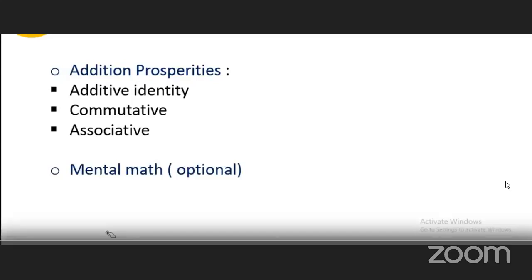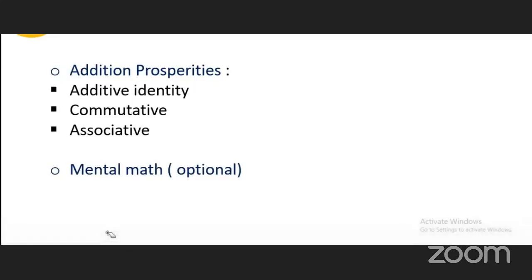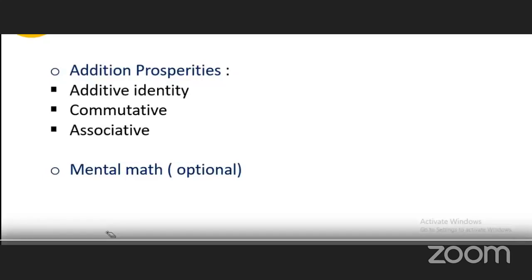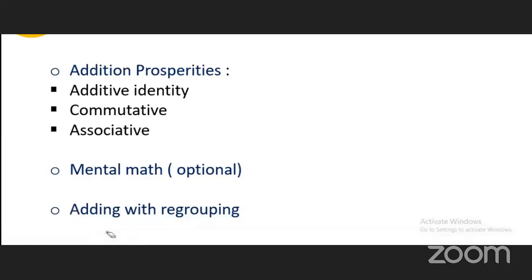This is additive identity. Commutative, 2 plus 3 equal 3 plus 2 equal 5. This is commutative. And associative means we have brackets and we should solve the parentheses first. The second, we discussed the middle mass, and this is optional, just for your information, kids. And adding with regrouping, or addition with regrouping.